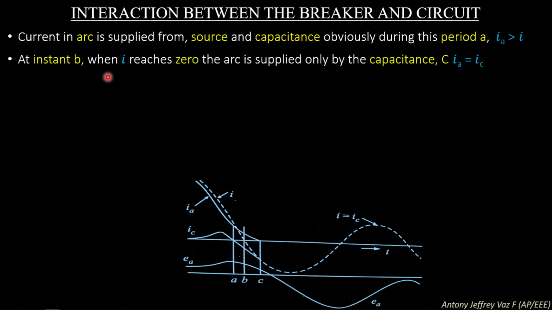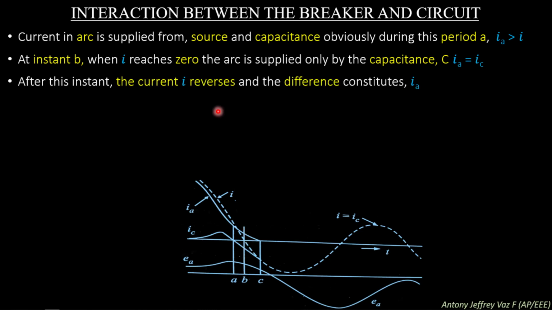At instant B, when I reaches 0, the arc is supplied only by the capacitance C, so IA is equal to IC. At this point B you can see the arc current is equal to the transient current.